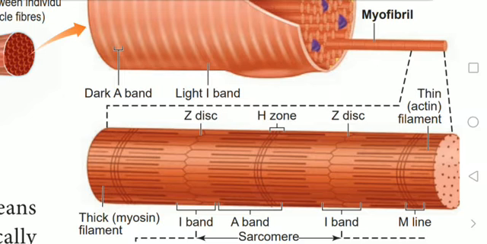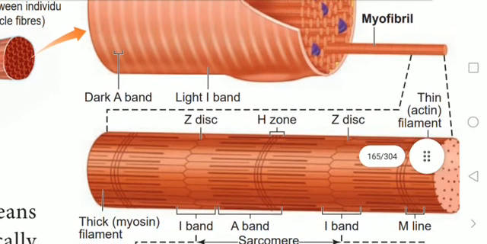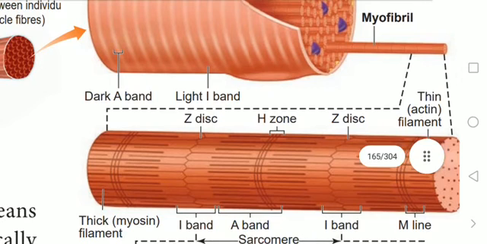They are perfectly aligned with one another. This type of arrangement gives the cells a striated appearance.